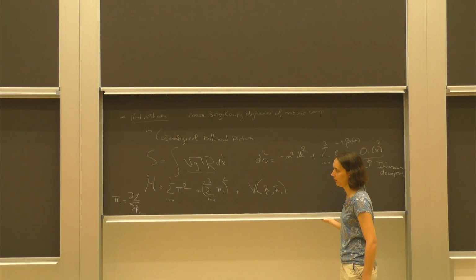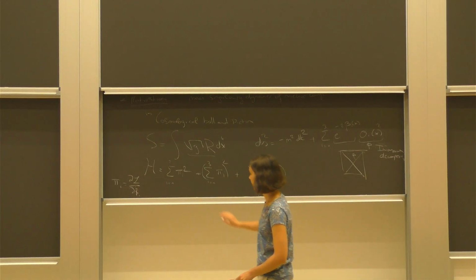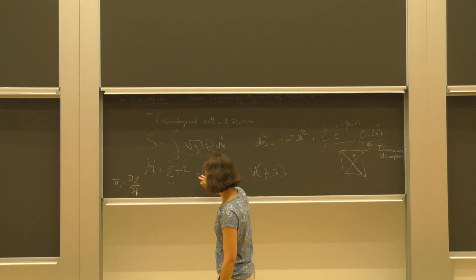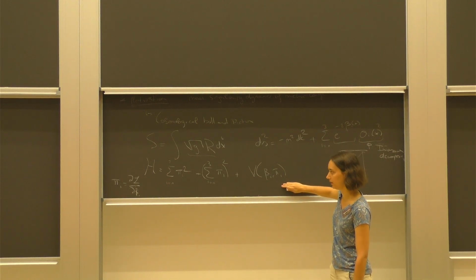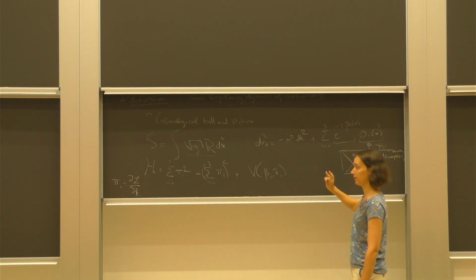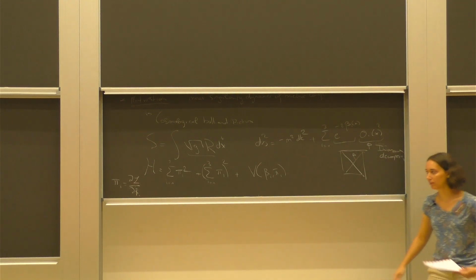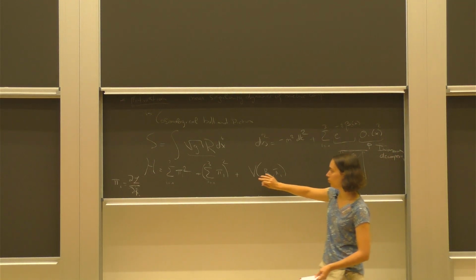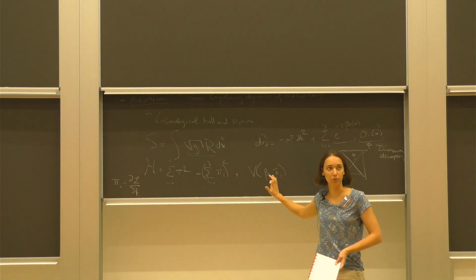Okay, so at this point, what we can see is that you have some potential. I haven't written down what the form of this potential is. I'm going to do that in a second. But the important intuition about this near singularity dynamics is that most of the time, this potential will turn out to be pretty much 0, negligible.